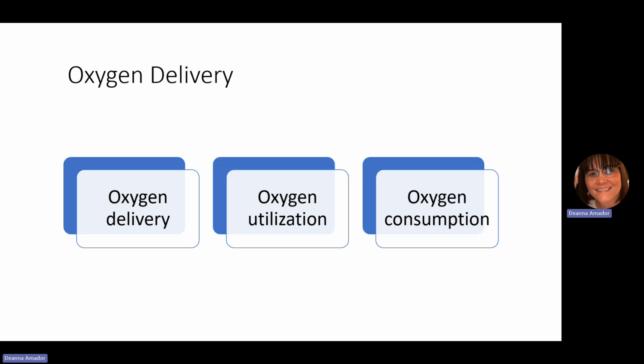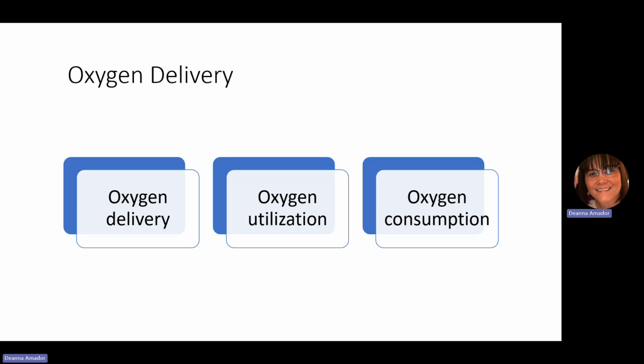Okay, this slide just talks a little bit about oxygen delivery, oxygen utilization, and oxygen consumption. So in your book, it does a really good job explaining this. Oxygen delivery is DO2. It's how much oxygen is delivered to your tissues. Oxygen utilization and oxygen consumption, they like to use VO2 and to say that this is oxygen consumption.